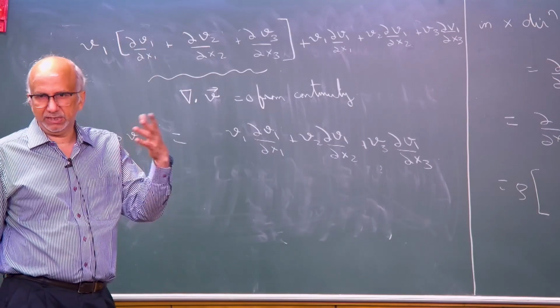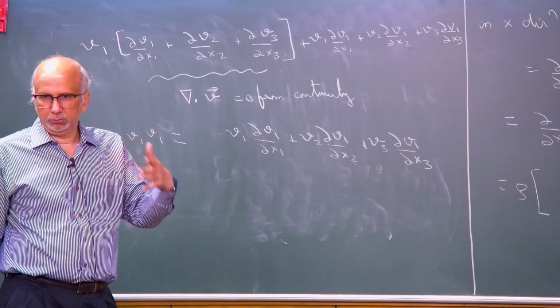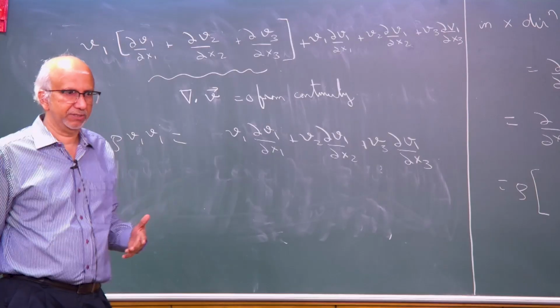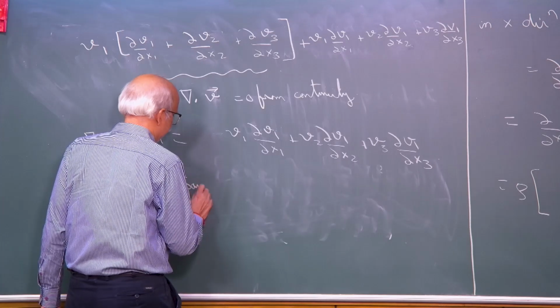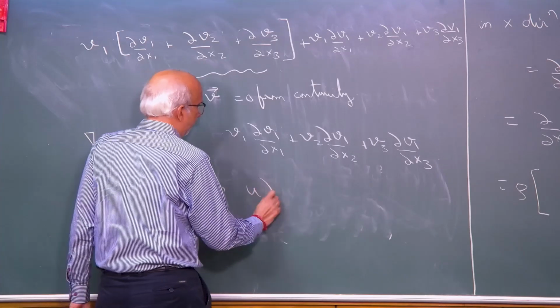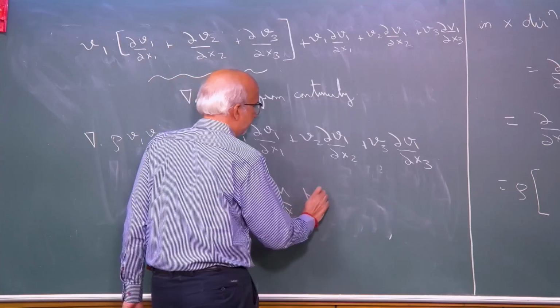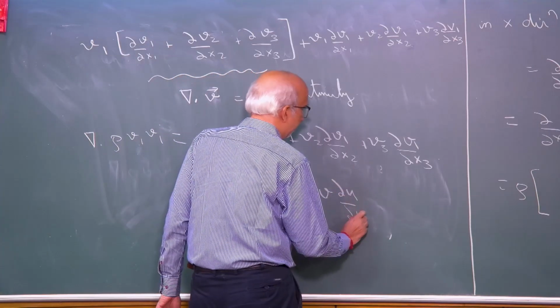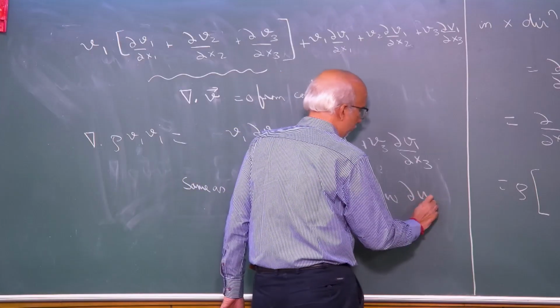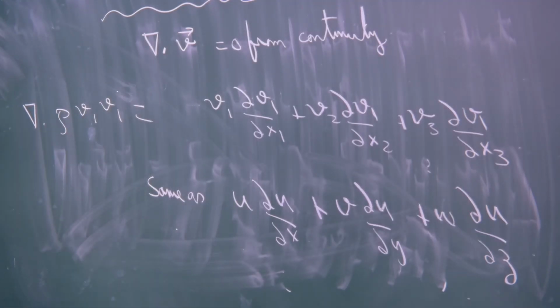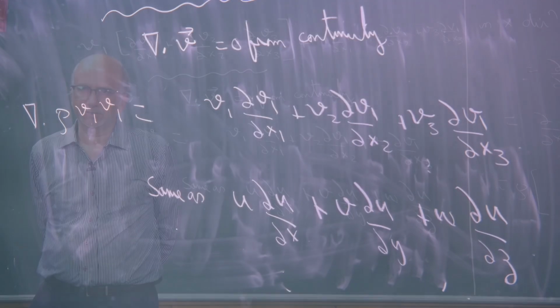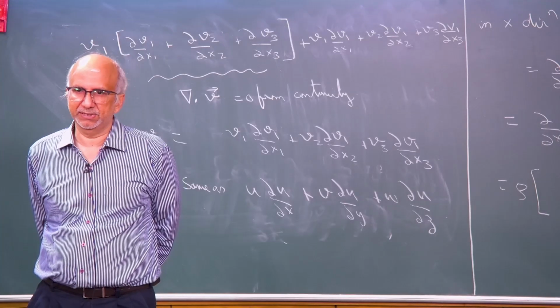You might see books using that kind of notation for the velocity components. So, all I am saying is this is the same as u du by dx plus v du by dy plus w du by dz, because V3 is the velocity component in the z direction, that is w, and the third spatial dimension is z.